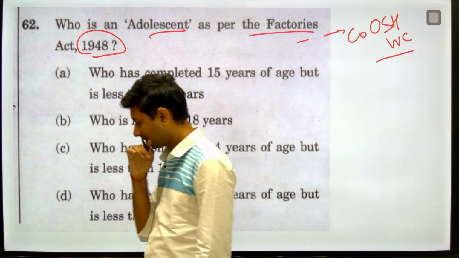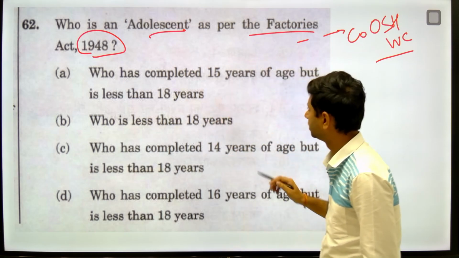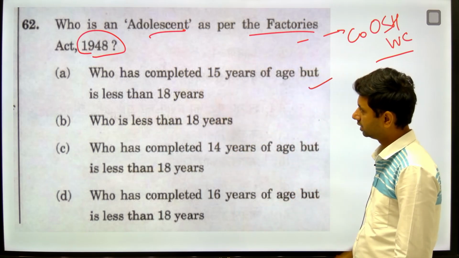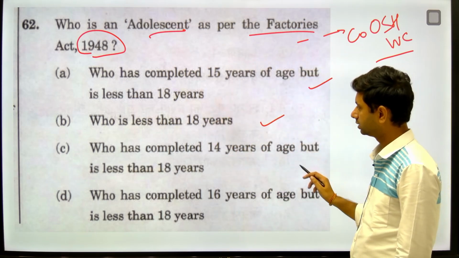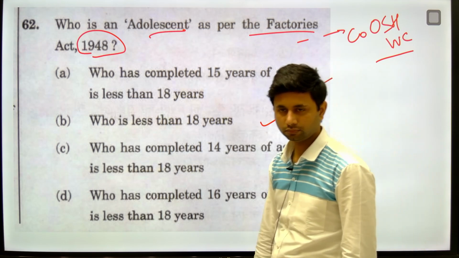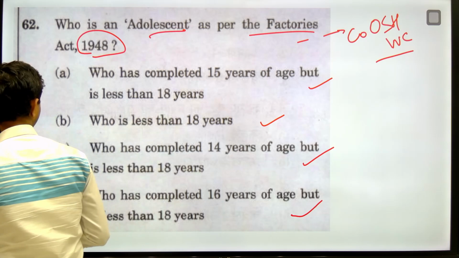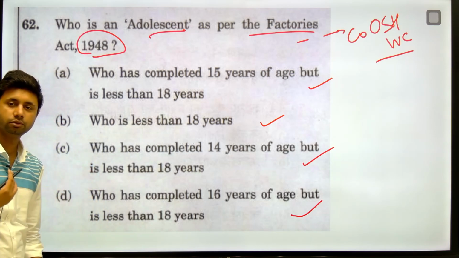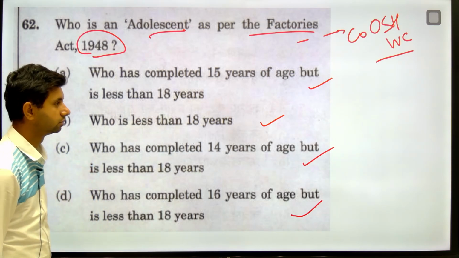Okay, so the options given are: who has completed 15 years of age but is less than 18 years; who is less than 18 years; 14 to 18; and 16 to 18. So pause the video, try to do this question, then I'll give you the solution.